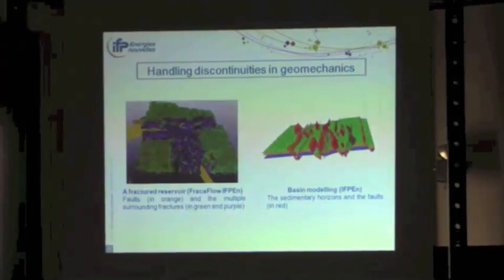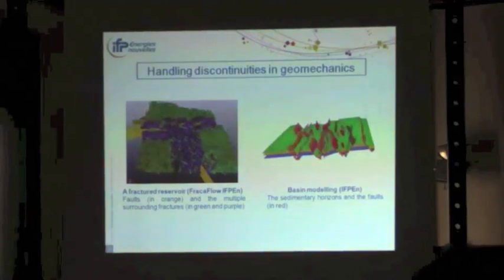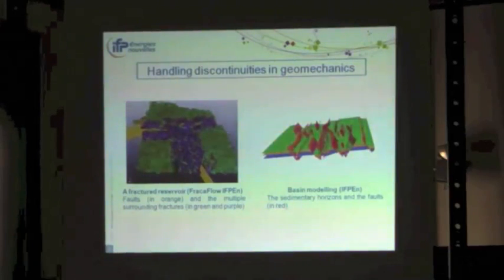The finite element modelization wouldn't support such a number of fractures. Here you've got an example of a basin model with the sedimentary horizons and the faults in red that intersect these different layers.